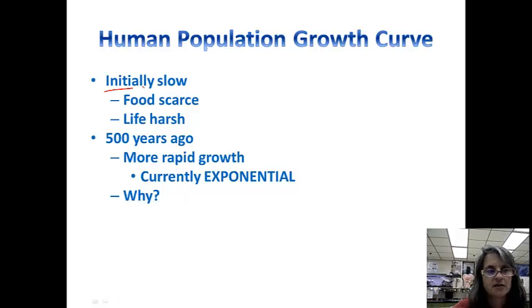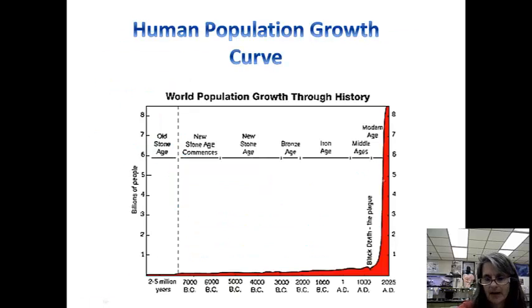It was initially slow because food was scarce, life was really harsh, it's hard to survive. But then something interesting happened about 500 years ago, okay? We got more rapid growth, okay? In fact, it became exponential. Let's just look at the growth curve real quick, and we'll come back to that slide.